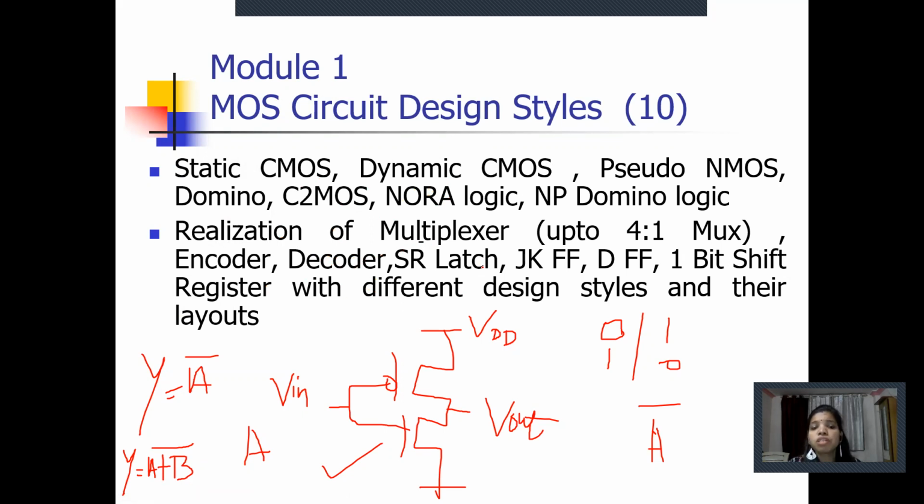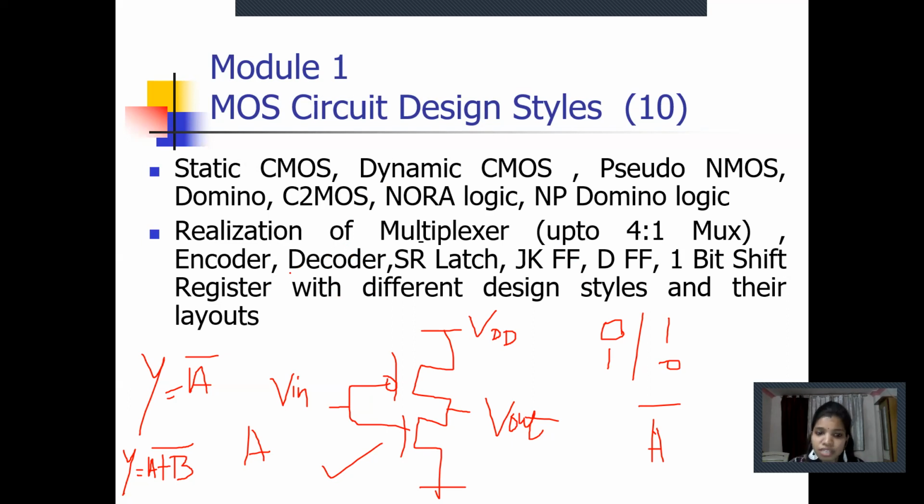In short, whatever gates like NAND gate, NOR gate, XOR gate, XNOR gate, mux, demux, encoder, decoder, flip-flop, memory, all these topics you have learned in digital logic design or digital electronics in the second year. The names are different for different branches: digital electronics, digital logic design, DLDA, digital system design. So you have already learned these.